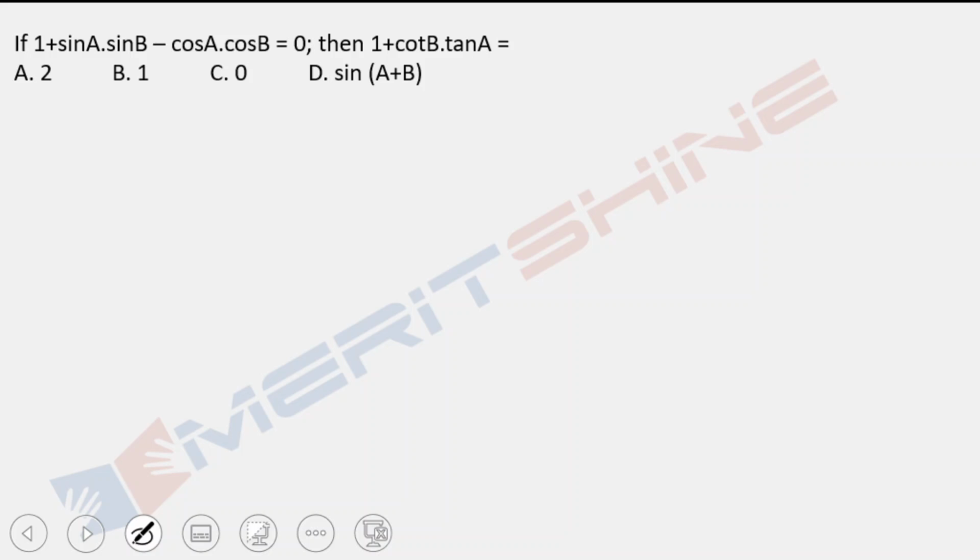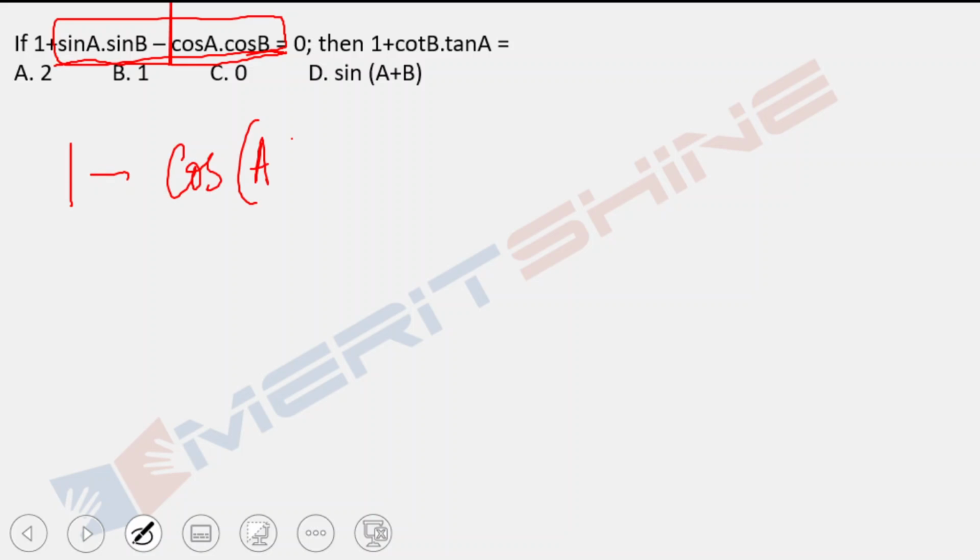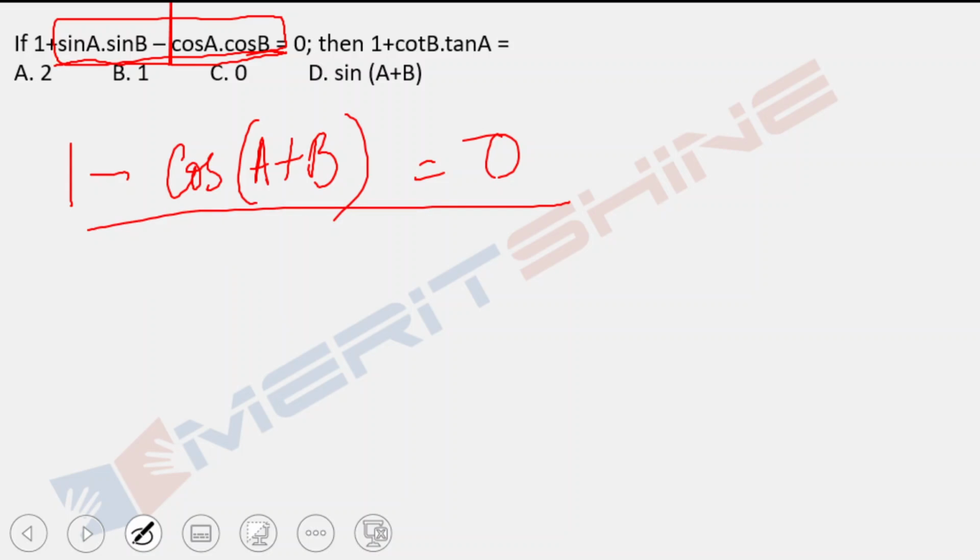Done? Okay. Now, let's look at a formula that comes from here, but not a direct one. We know that cos A cos B minus sin A sin B is cos A plus B. But here I have just the minus of that. So, I can write this as 1 minus cos A plus B, and that is 0.